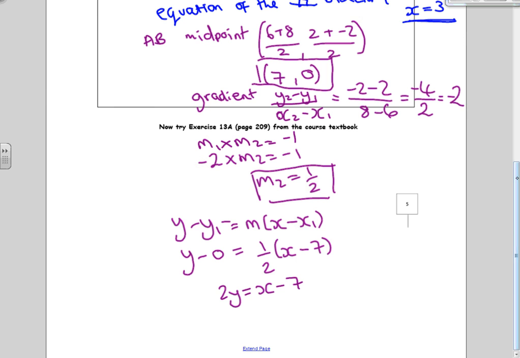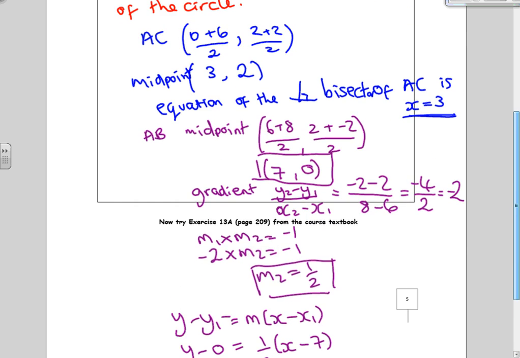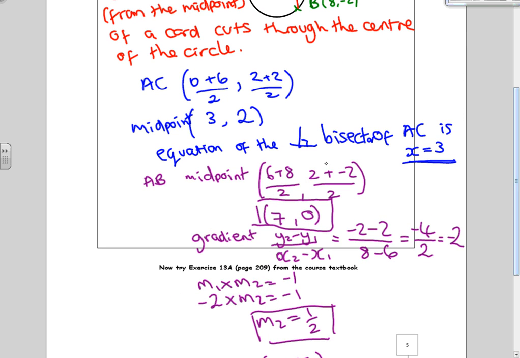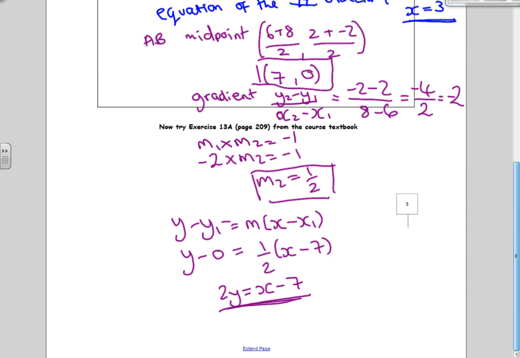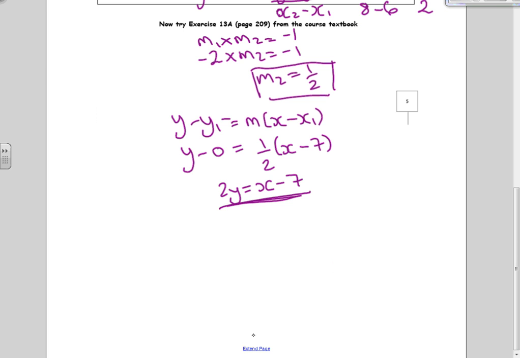But of course, we want where the line AC meets the line AB. So we're going to use this line and this line to find where they intersect. So we have x equals 3 and we have 2y equals x minus 7.